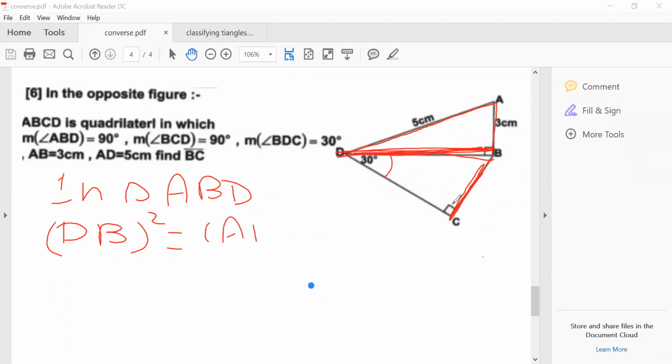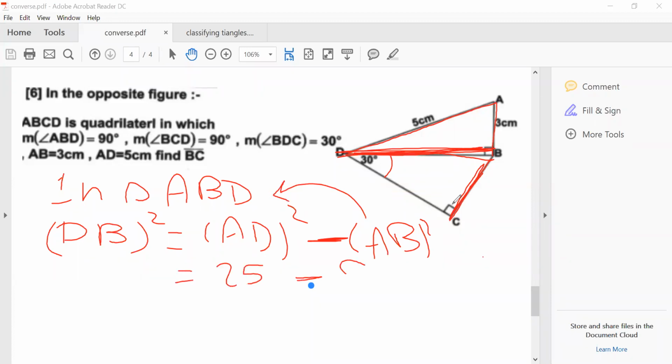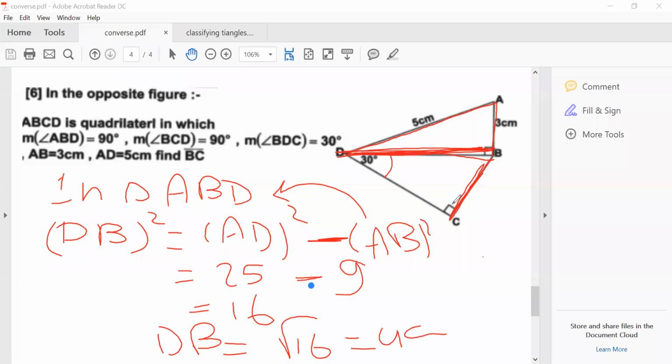Yes, AD square in this case minus AB square, because DB is not the longest side. DB is one of the sides, so I will subtract the other side from the hypotenuse. So 5 square, which is 25, minus 9 equals 16. So DB will be root 16 equals 4. So this side equals 4. Thank you, Ahmed.